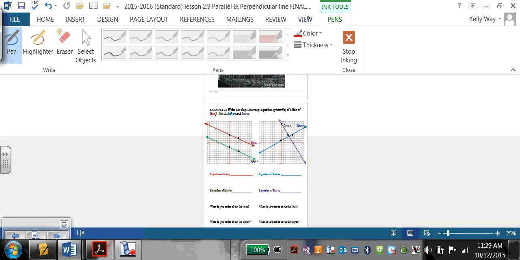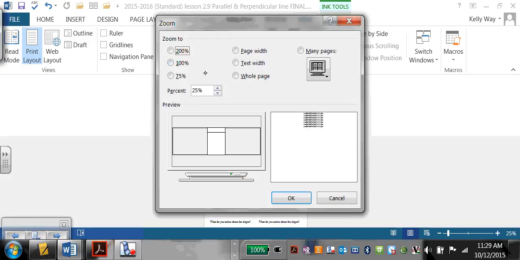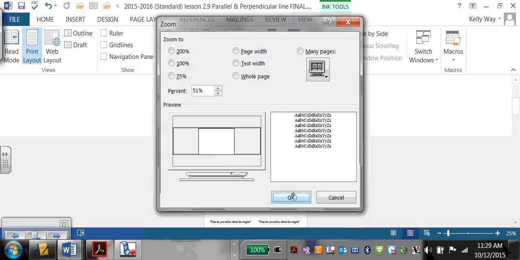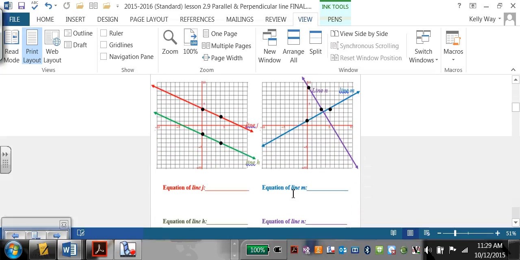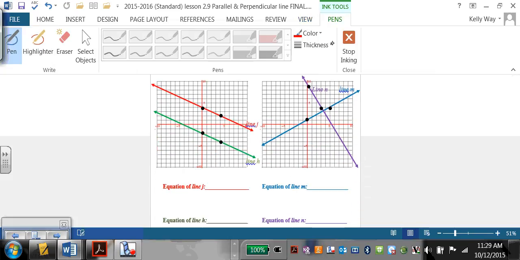Take the green and the red line, and I'd like you guys to find, please, the equations of those lines. Find the equations of those lines. So the red and the green.